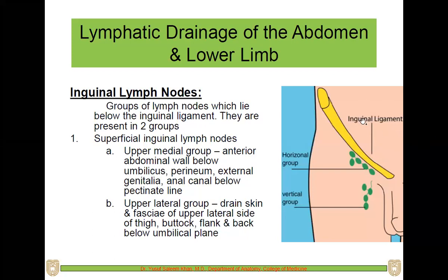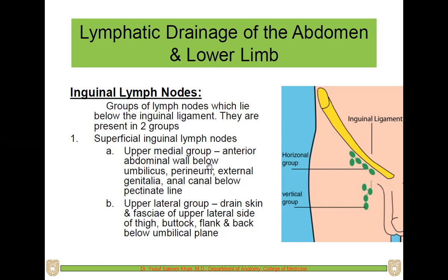So whatever region is below the umbilicus, that will be draining into the upper medial group, as well as the perineum, as well as the external genitalia, as well as the lower part of the anal canal below the pectineal line. So above the pectineal line will be into the internal iliac group of lymph nodes, and the part which is below the pectineal line in case of the anal canal, that will be to the superficial inguinal group of lymph nodes.